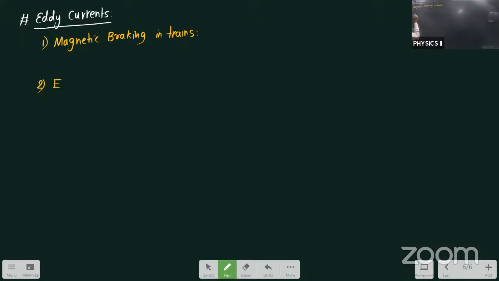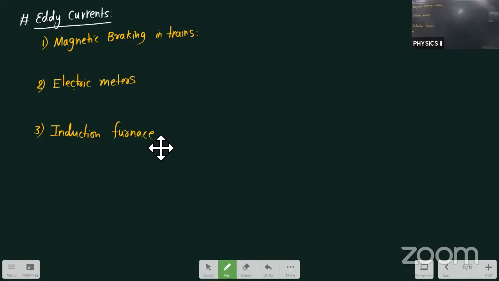Electric meters. What is the next use of eddy current? Third one, induction furnace. What is the last?